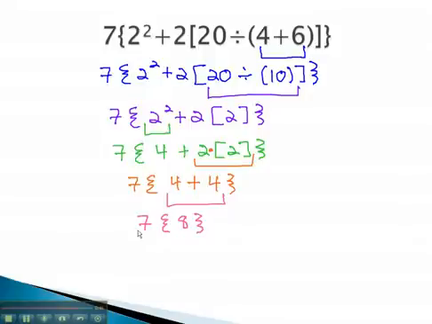Finally, 7 times 8 finishes the problem, which is 56. By starting with the innermost parentheses and working our way out to the outer parentheses, we can simplify an expression correctly following the order of operations.